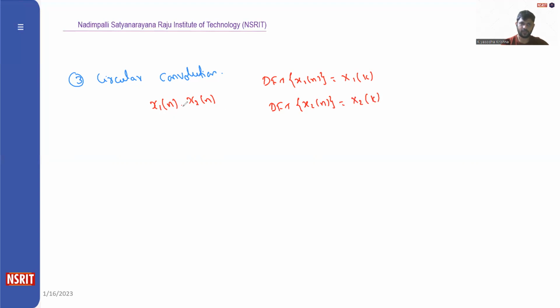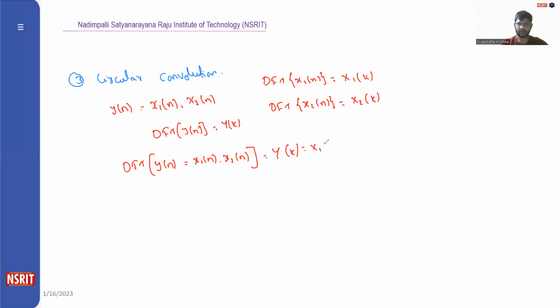Likewise, if you multiply these two signals, I will take it as y of n, and the DFT of y of n is Y of k. Now coming to the statement, the DFT of y of n, the product of two signals x1 of n and x2 of n, is Y of k, where Y of k is X1 of k into X2 of k.